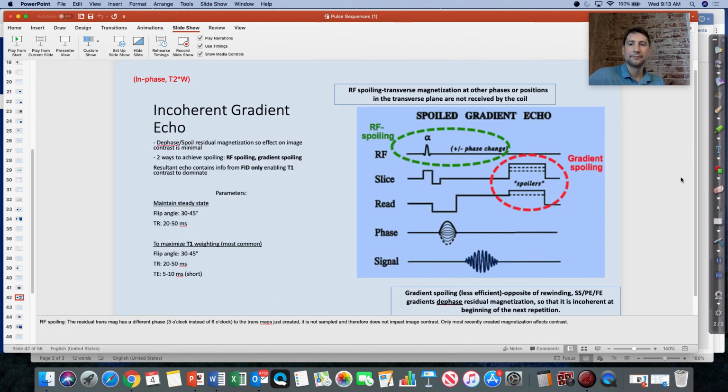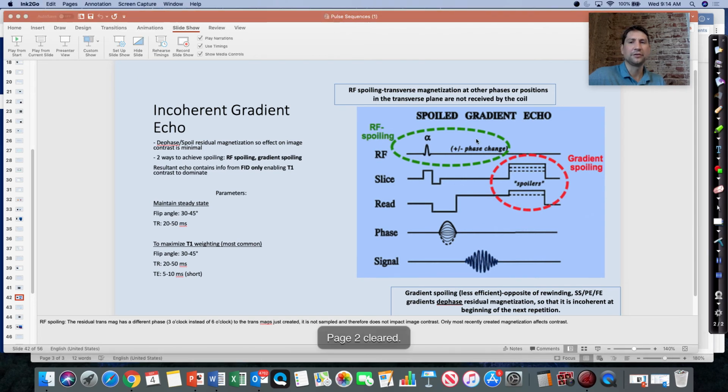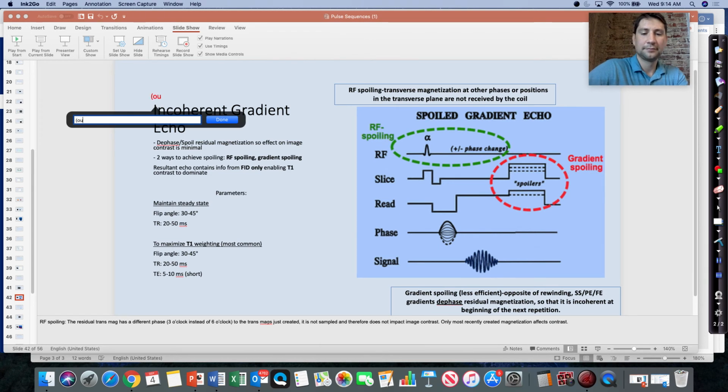All right. So now we have incoherent gradient echo. So incoherent is associated with what? In phase or out of phase? Out of phase. So our residual transverse magnetization that's been sitting on that transverse axis is going to get further decayed.